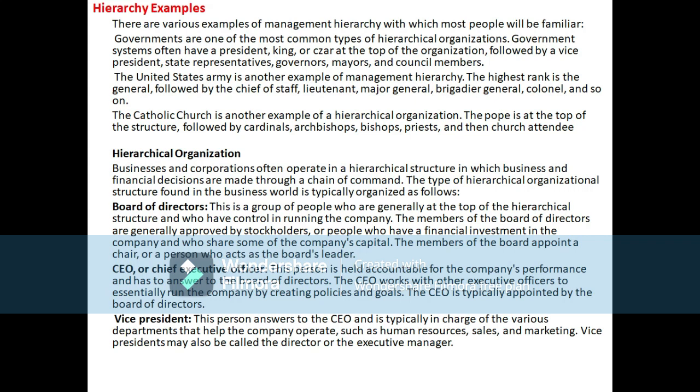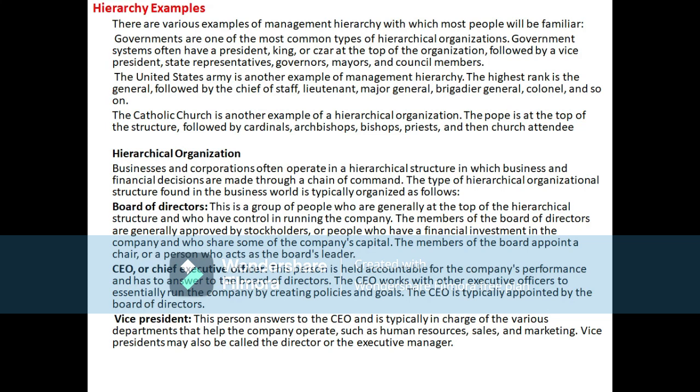Another example is the Catholic Church, which is also a hierarchical organization. Here we see a religious hierarchy. The Pope is at the top of the structure, the apex person in the Catholic religion, like a top level management person.